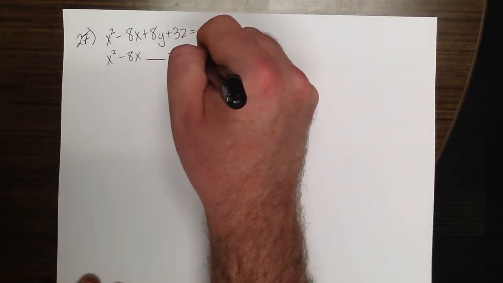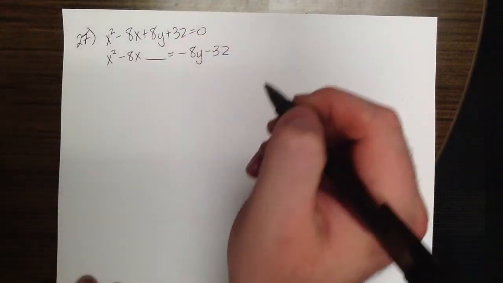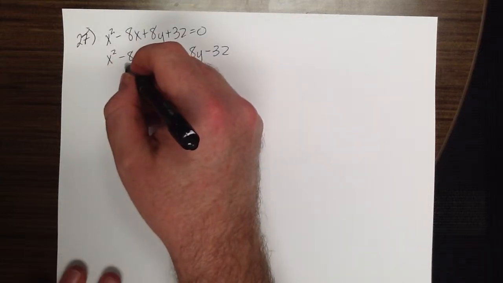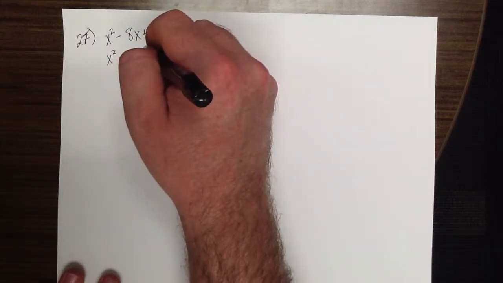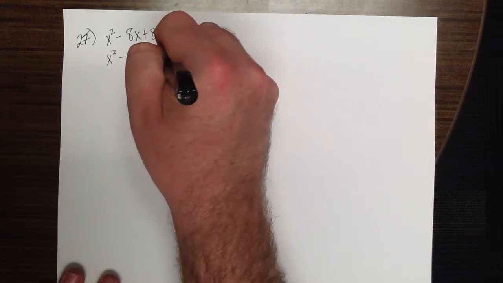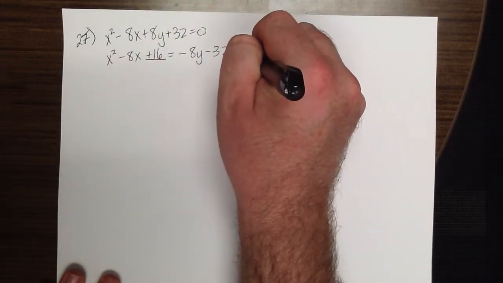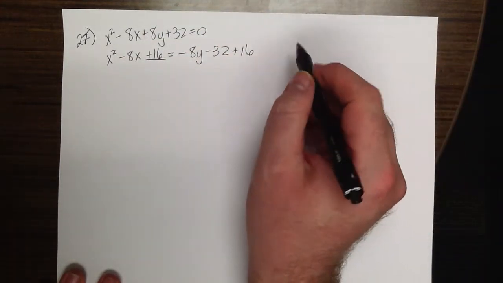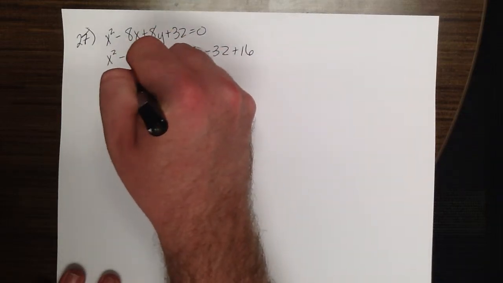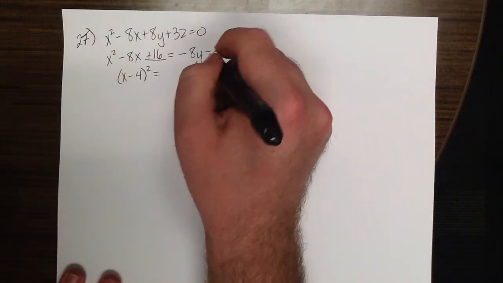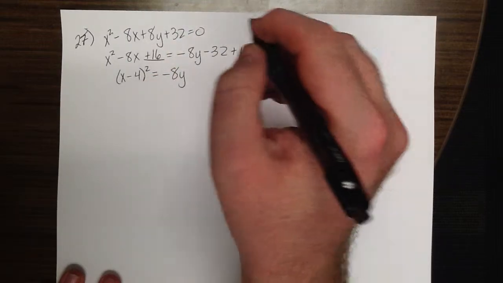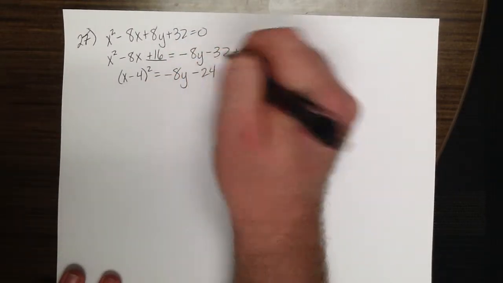So −8y − 32. Half of −8 is −4, squared is plus 16, plus 16. And then that becomes (x − 4)². This becomes −8y − 24.